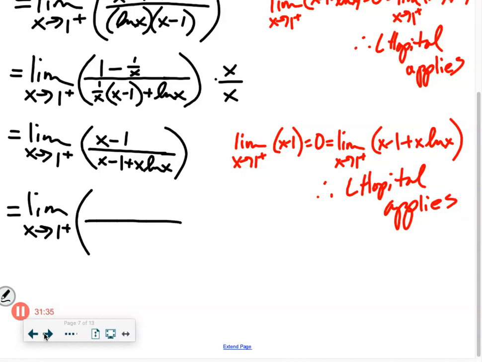All right, what's the derivative of the top? 1. The derivative of the bottom is 1 plus, what rule are we going to have to use? Product rule again.